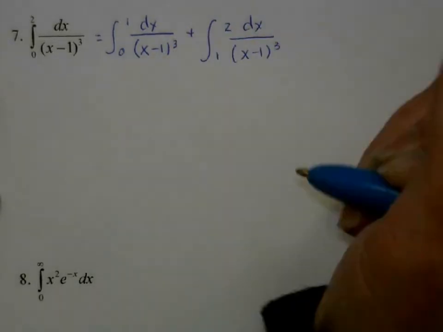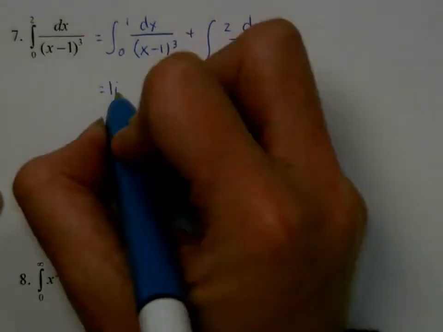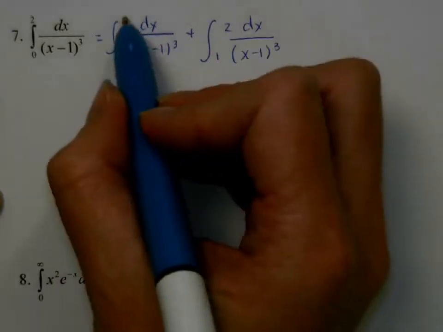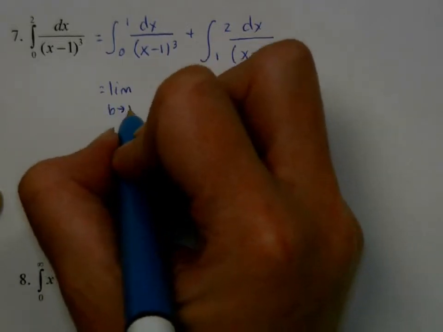Okay, so we'll apply our limits. So the limit, as I'm replacing the top, so b goes to 1 from the negative side, since we're going from 0 to 1.